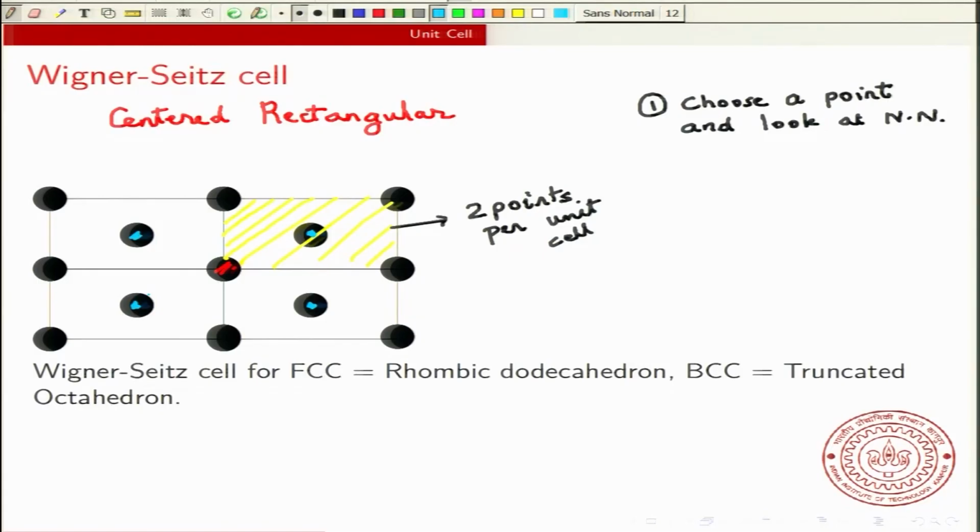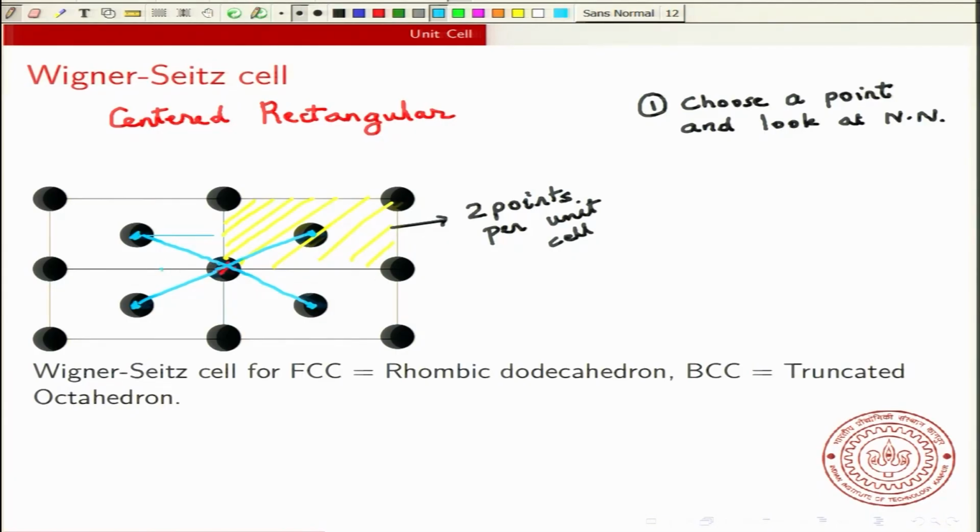So, let us consider a case where these lengths are the shortest. Then what you do is you draw this line from here to here, and you consider this line and you bisect it, you cut it in half and draw a line perpendicular to this line.